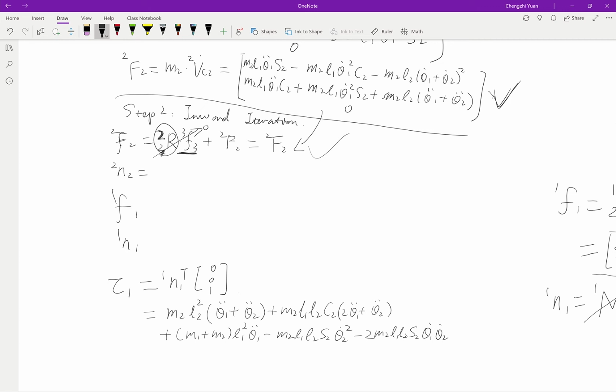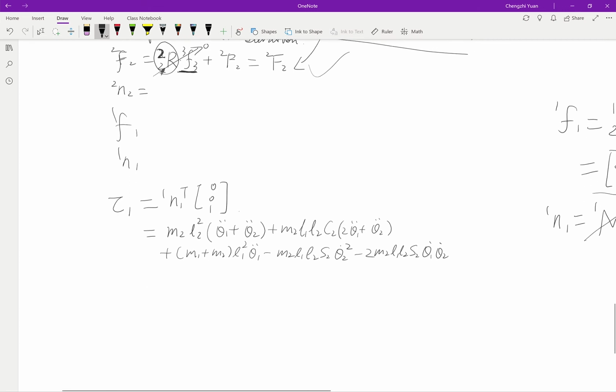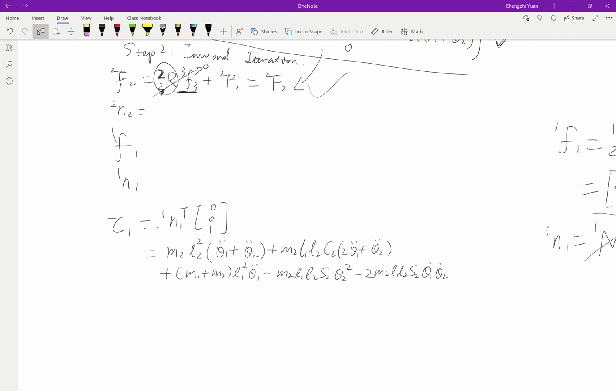Okay, so this is for the torque. This is how much torque you need to generate from motor 1 in order to have the two-link manipulator follow the desired trajectories.